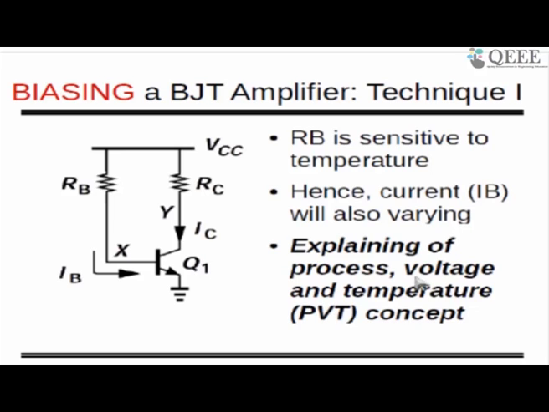So for our discussion of BJT, let's forget about voltage dependency. It may be taught in a different course where you study voltage bandgap reference and other things. But right now let's forget about voltage. Let's try to achieve process and temperature independence only. But this is failing in both.